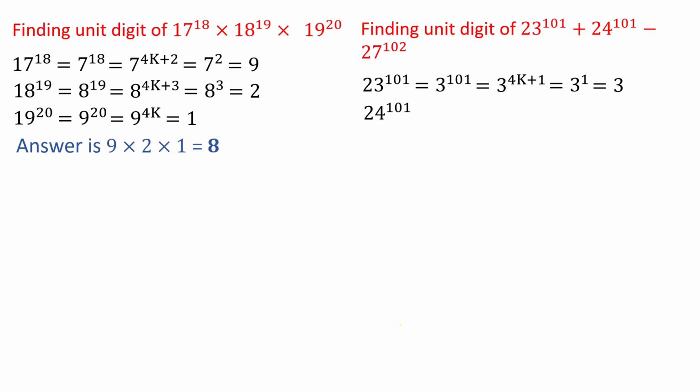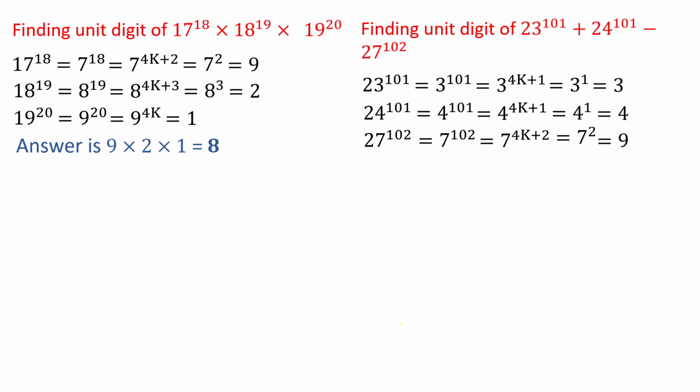Then 24 to the power 101, again its unit digit is the same as 4 to the power 101. Divide the power by 4, the remainder is 1, so we can express the power as 4k plus 1. So its unit digit is the same as 4 to the power 1, that is equal to 4. Now 27 to the power 102, this is 7 to the power 102, this is 7 to the power 4k plus 2, that is 7 squared, that is equal to how much? 9.